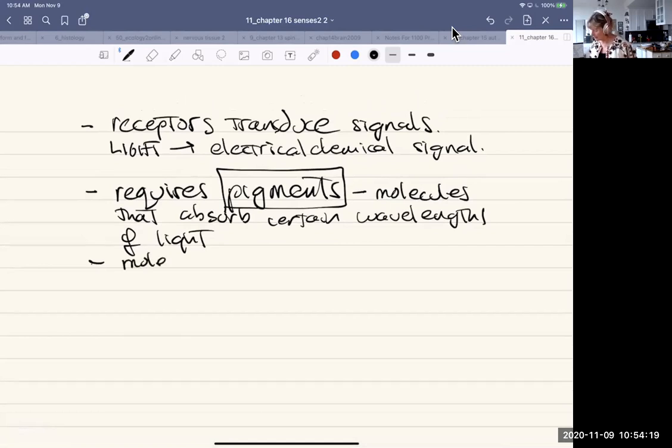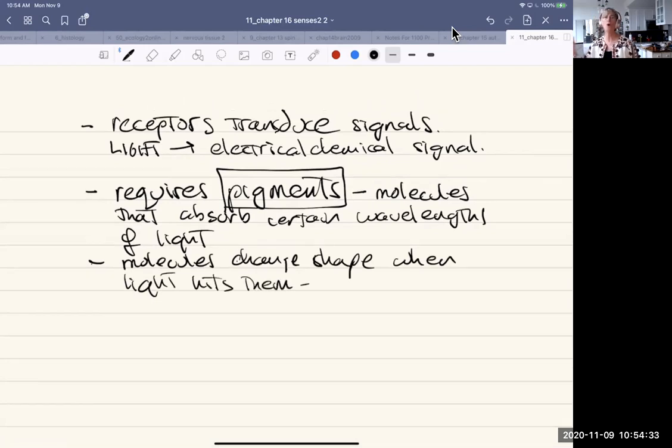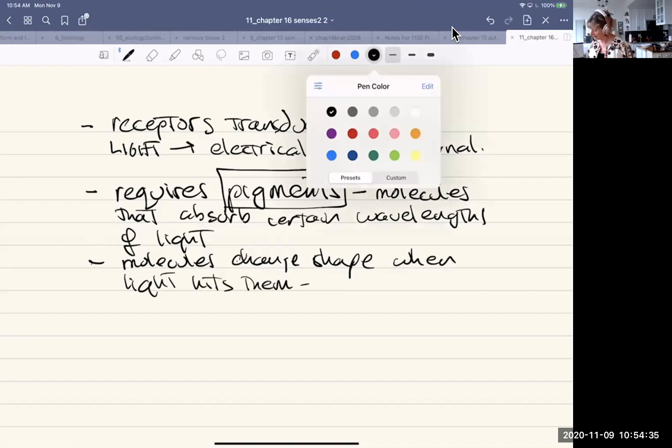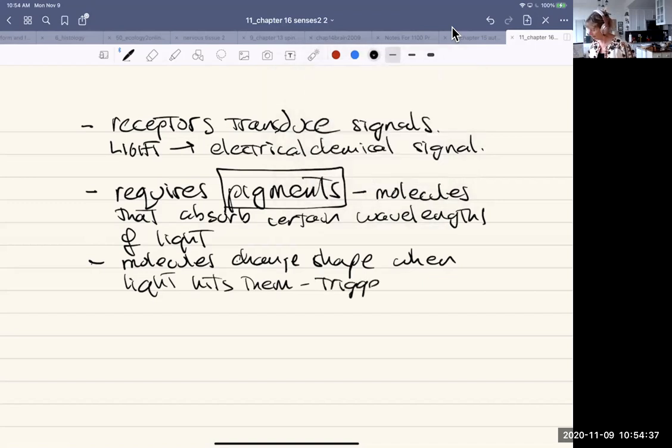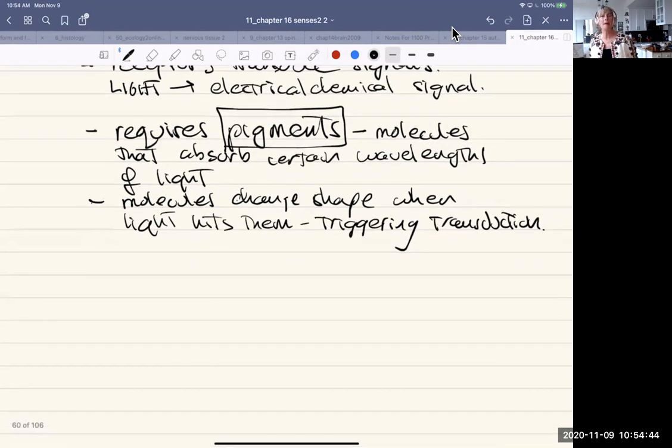So these molecules change shape when light hits them, triggering the whole process, triggering transduction, where the membrane potential changes and sets off a series of events causing a signal to the brain.